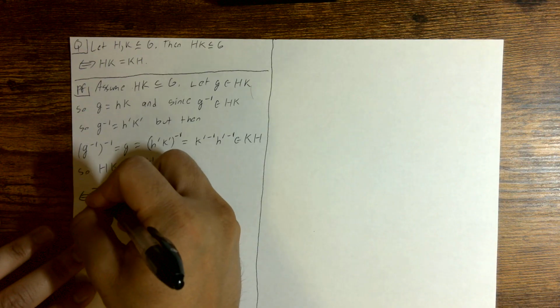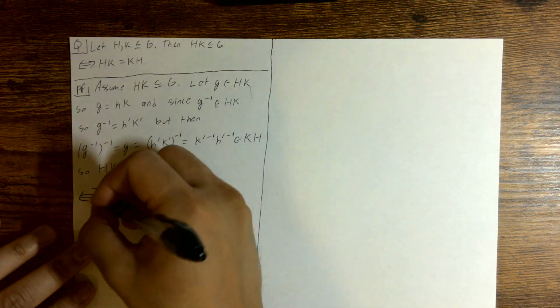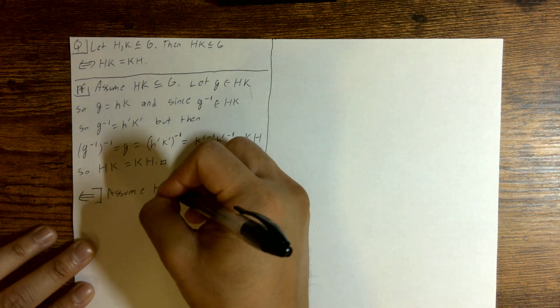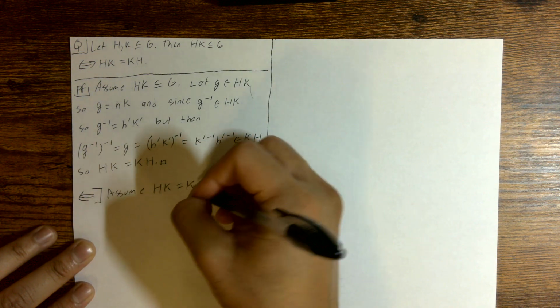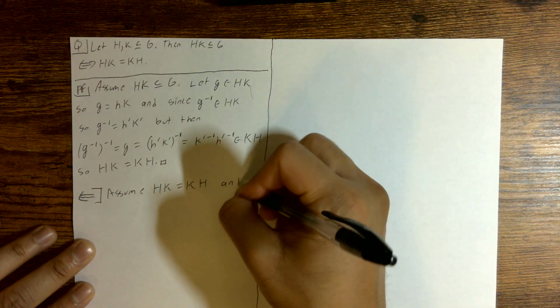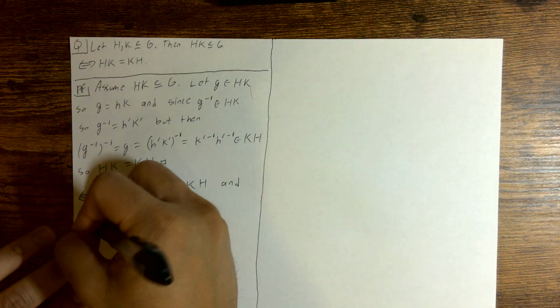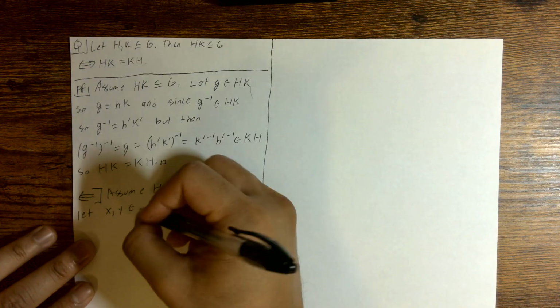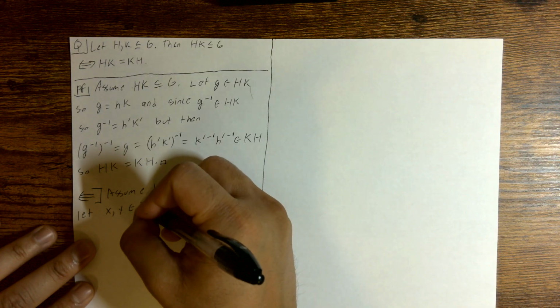For the backwards direction, assume HK is equal to KH and let x, y be in HK.